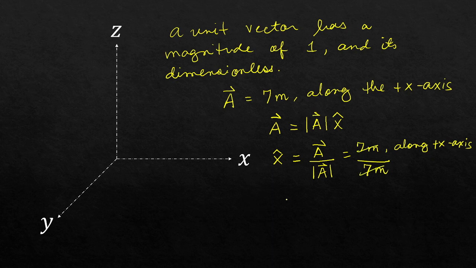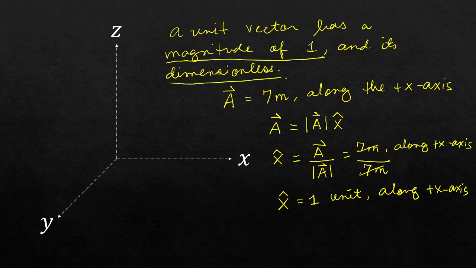So pretty much it says straightforwardly that it is just 1 unit along the positive x-axis, which proves our definition.